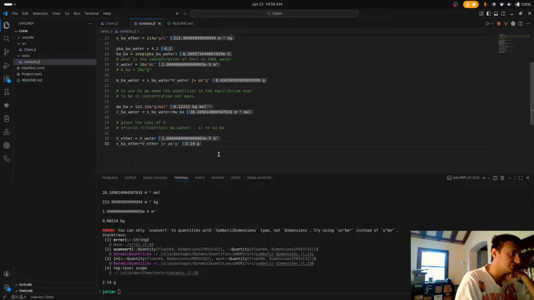So the most BA you can put, at 25C, in 10 milliliters of ether is 2.14 grams.